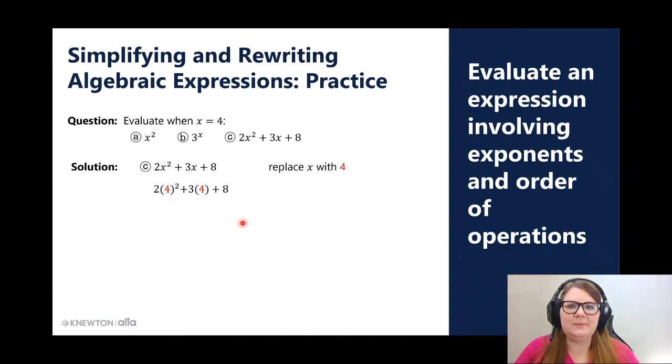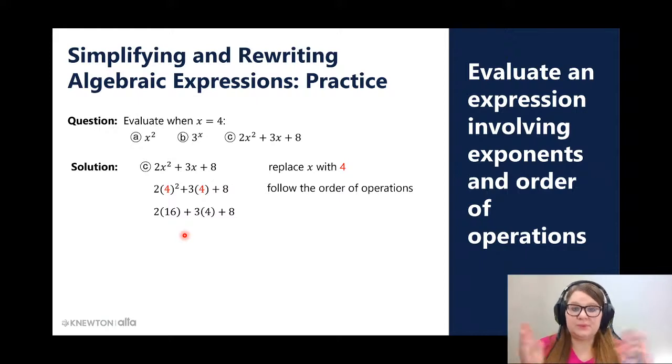That's going to be important because we're going to evaluate the exponent first. The exponent is only on the 4. It's not on the 2, because the 4 is what's in parentheses after I've substituted it in. So we're going to do those exponents first. 4 squared is 16. Ta-da! Because there wasn't anything to simplify inside parentheses, we went straight to exponents.